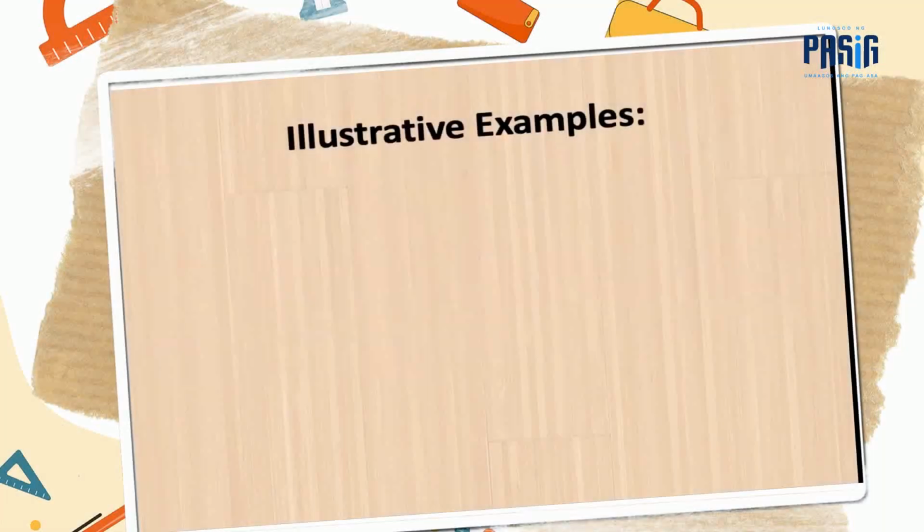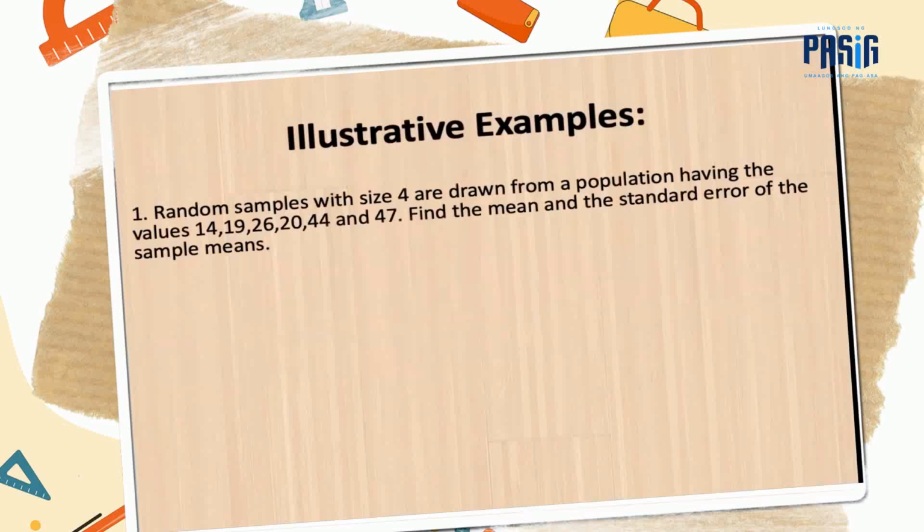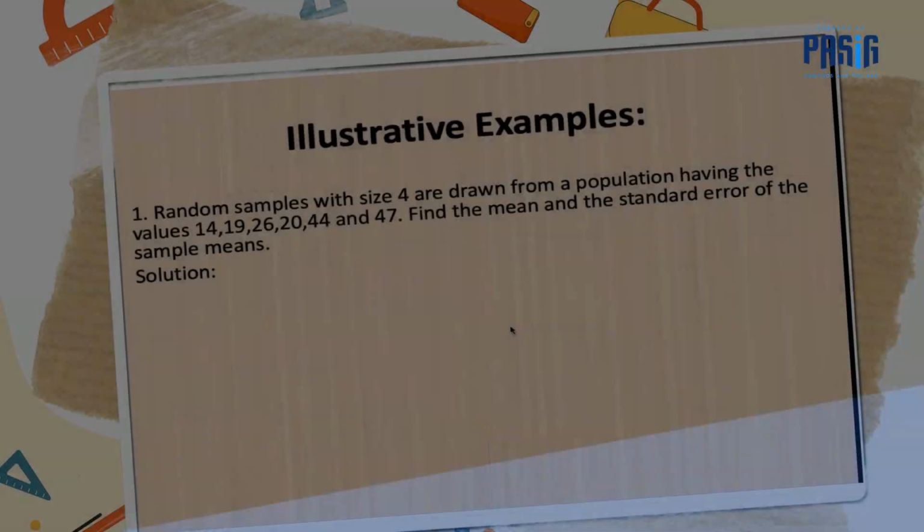Let us now discuss examples. Example 1. Random samples with size 4 are drawn from a population having the values 14, 19, 26, 20, 44, and 47. Find the mean and the standard error of the sample mean. Solution.